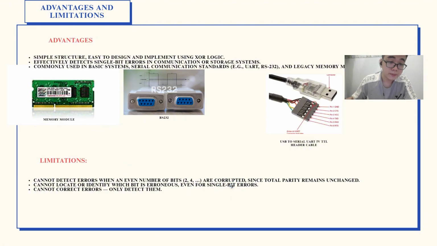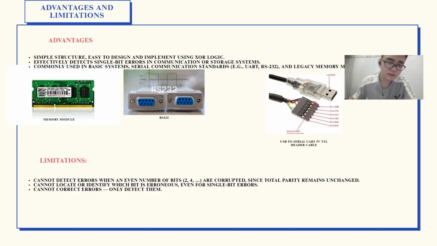And number 3, no error correction. The parity code can detect errors but cannot correct them. This means that retransmission or higher-level correction methods are required to ensure data integrity.